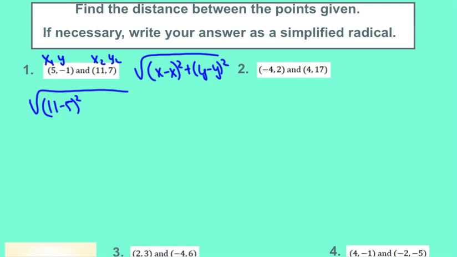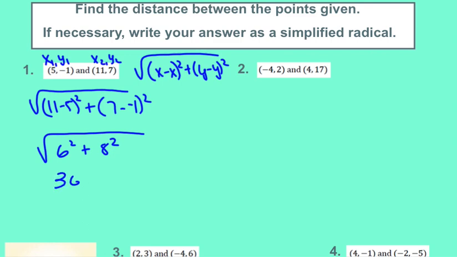This is x1, y1. So 11 minus 5 squared plus 7 minus the negative 1 squared. So that becomes 11 minus 5 is going to be 6 squared. 7 minus the negative 1 is going to be 8 squared. So this becomes 36 plus 64. So that's going to be the square root of 100, which is going to be 10.